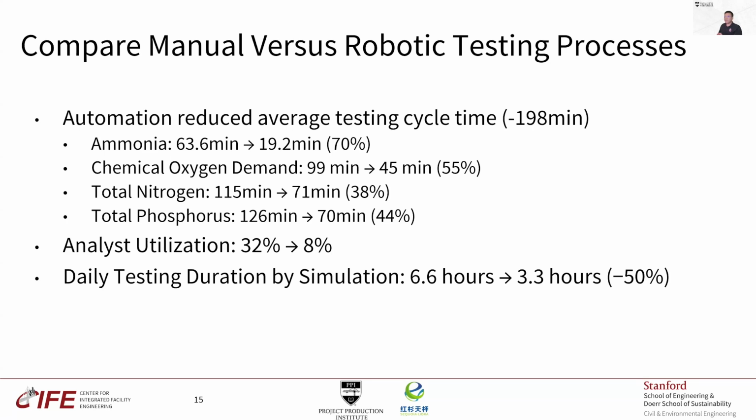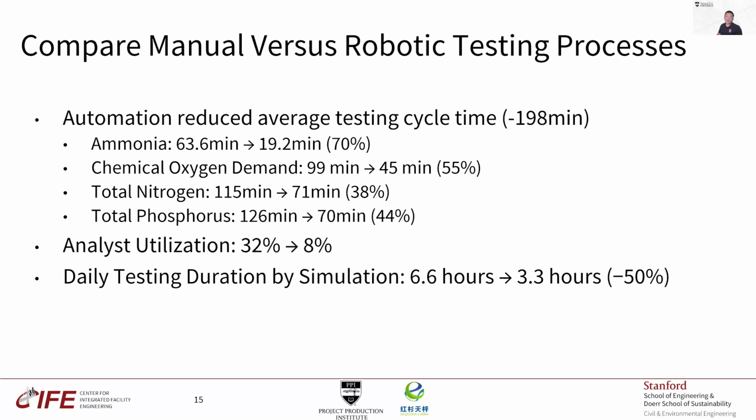The chemical oxygen demand, total nitrogen, and total phosphorus tests each see around 38% to 55% reduction in their cycle time. The analyst utilization again reduced, and the daily testing duration was reduced 50% to 3.3 hours, which means at least they can do another test in the day. So they get more data to understand the treatment process.